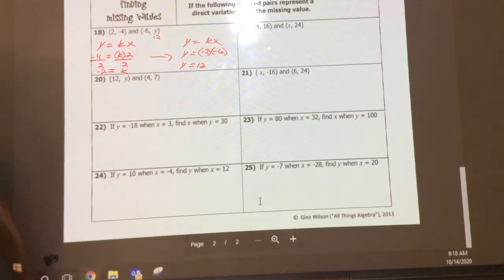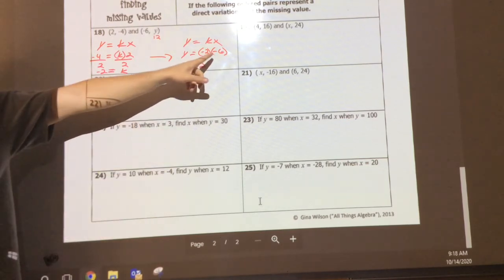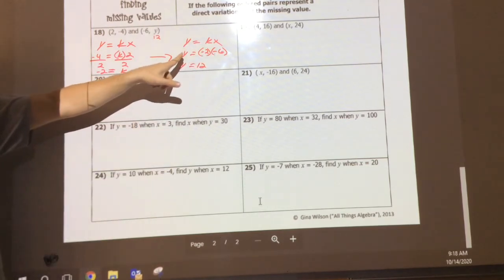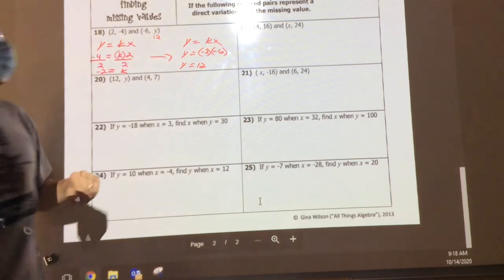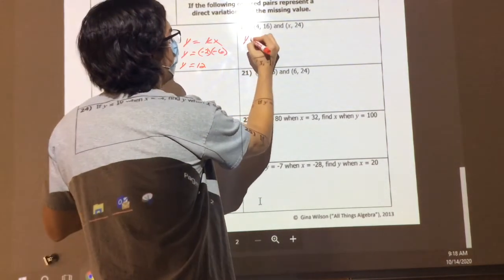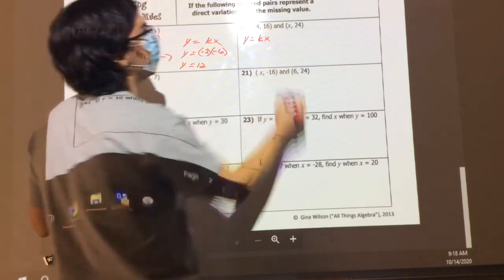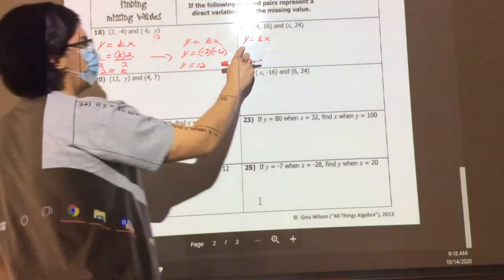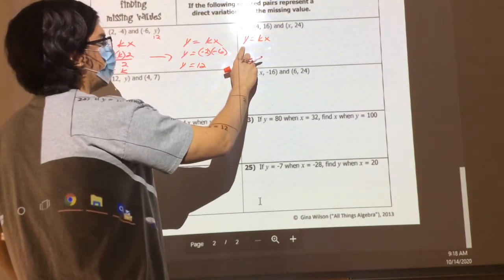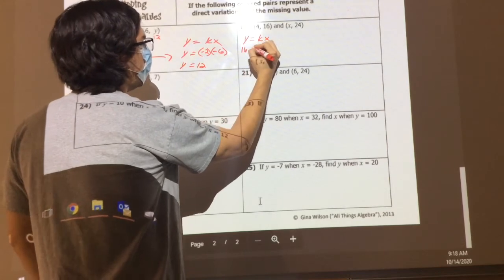Absolutely. Except if I was looking for the x value, Brian, I would have an x variable here and my y value would be plugged in. Let's look at number 2, what Brian just asked. The formula is y equals k times x. Do I have a y and an x value? My y value is what? 16 is equal to k.